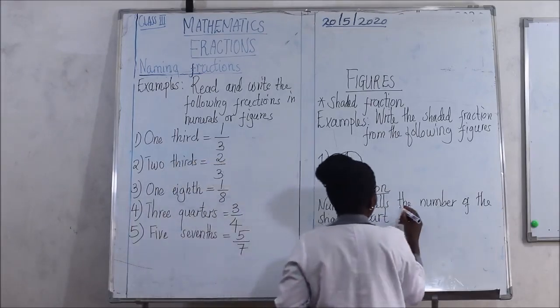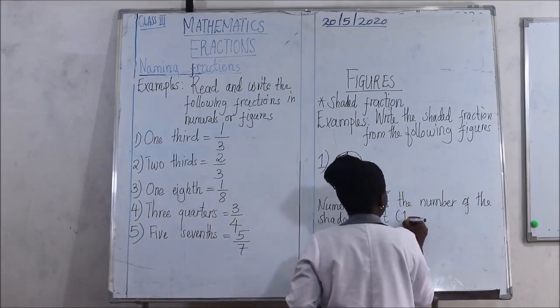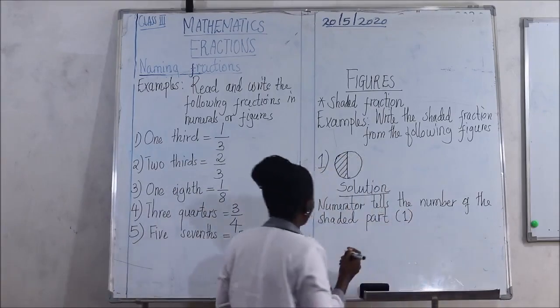So according to the example there, we have number 1. It is just one part which is shaded.